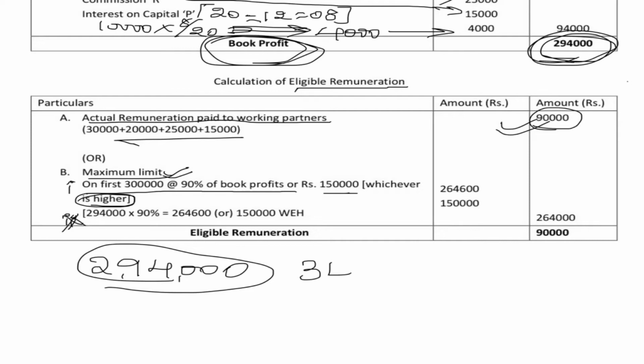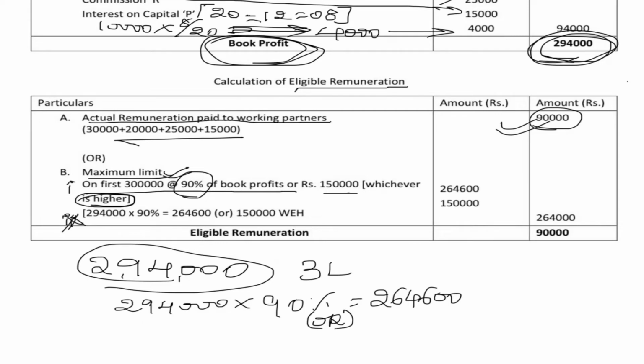Since we have 2,94,000, you will calculate on 2,94,000 only, at the standard rate of 90%, which comes to 2,64,600, and the comparison is with 1,50,000.